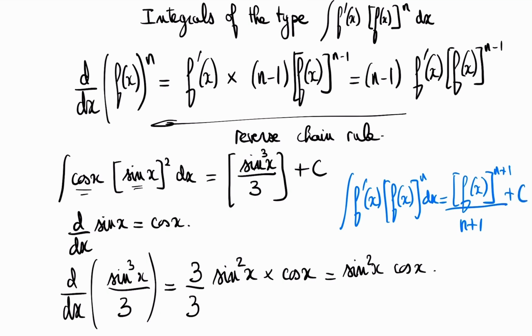Okay, let's do another example, a definite integral this time. We want to integrate between pi on 3 and pi on 2 sine x cosine squared x dx.